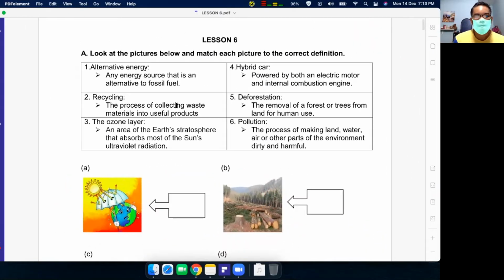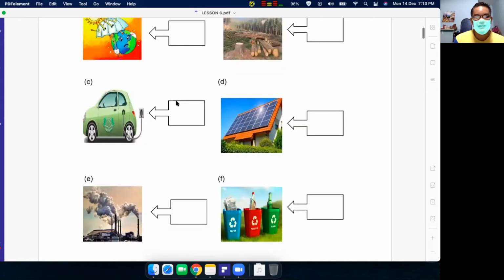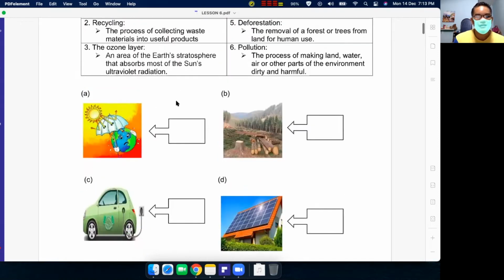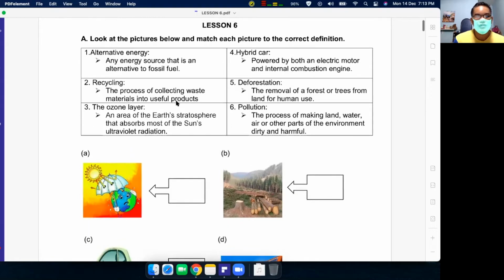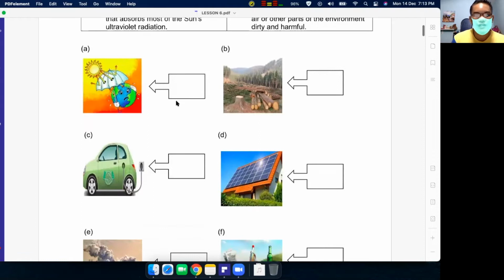Number 1, alternative energy. Any energy source that is an alternative to fossil fuel. So what do we have here? You see, fossil comes from the earth. We have coal, we have oil, petrol.